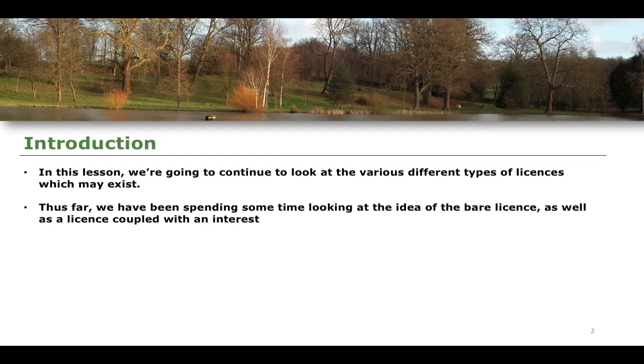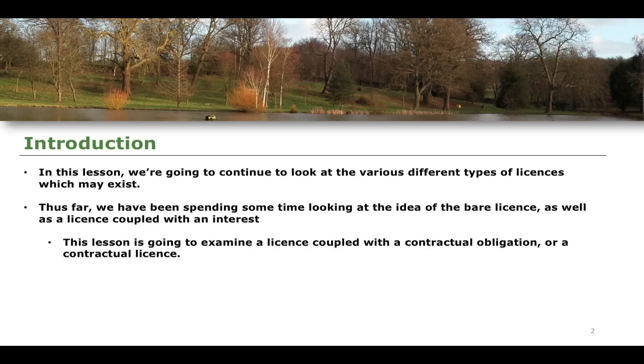We can also think of the idea of licenses which are coupled with an interest. The idea being that in order for an interest to be valid, there may be the requirement of license over a certain property. This may exist in relation to various different types of covenant and specifically also things relating to easements, which we'll get to in future lessons' time.